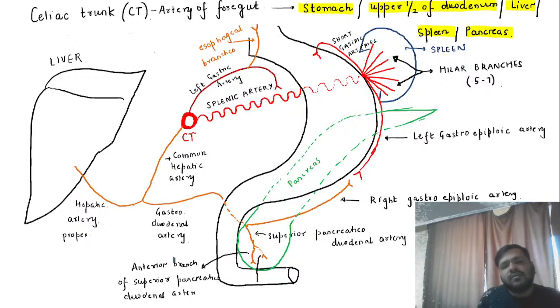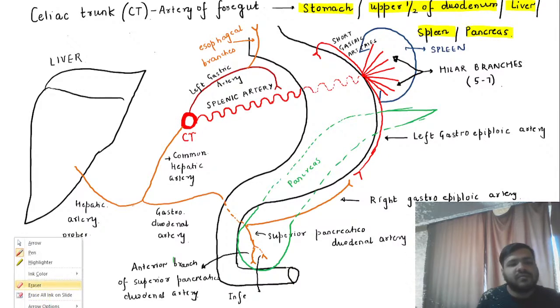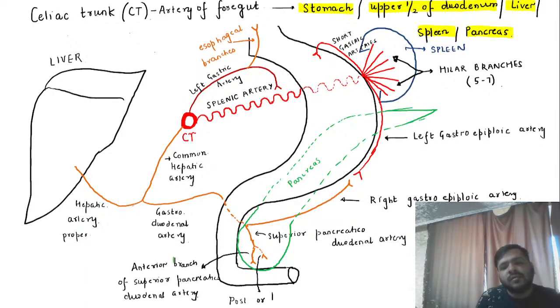and the dotted one, it is beta inferior, I mean posterior, it is posterior branch of superior pancreaticoduodenal artery.